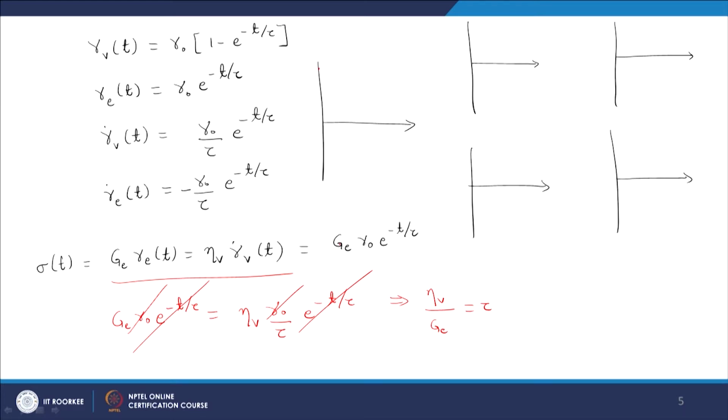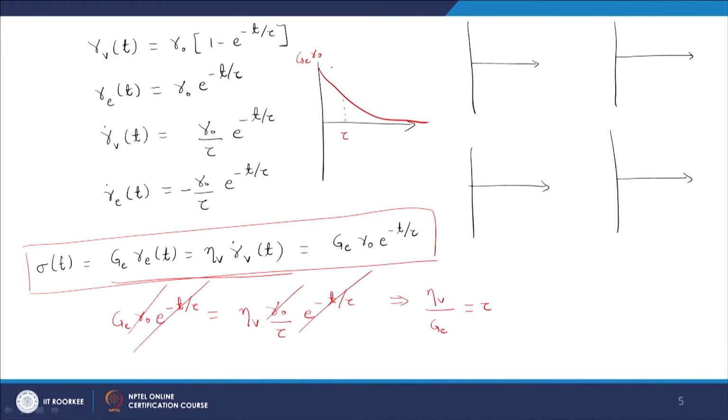This is this particular function. At time t equal to 0, we have a value G e gamma naught, and this value will decay to 0, and the rate of decay is dictated by the time scale tau. Essentially, it is a first order decay or exponential decay.